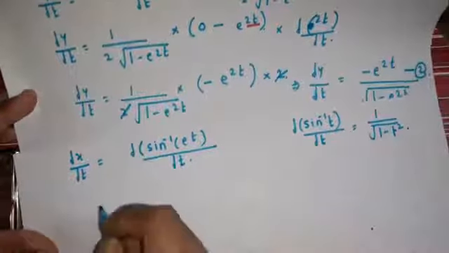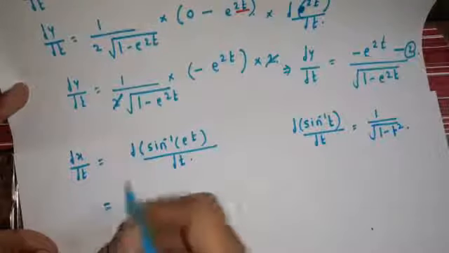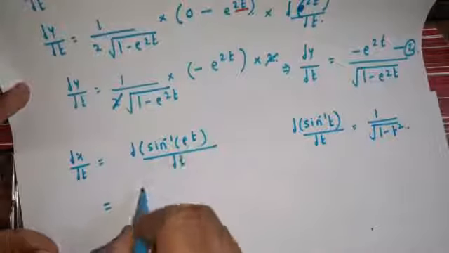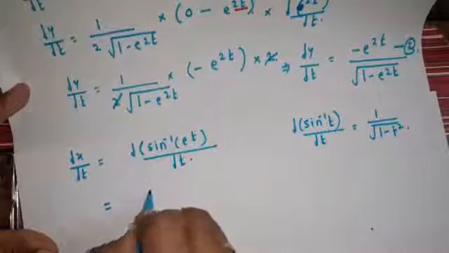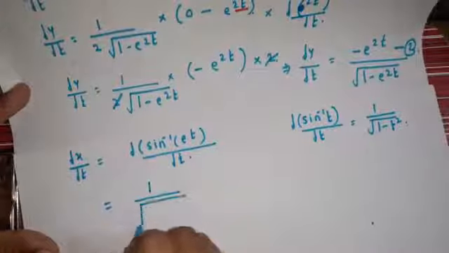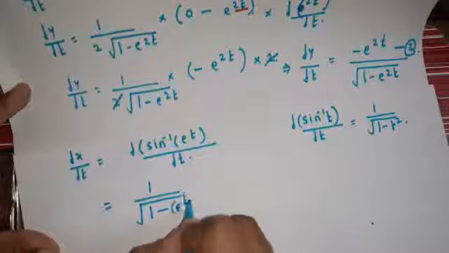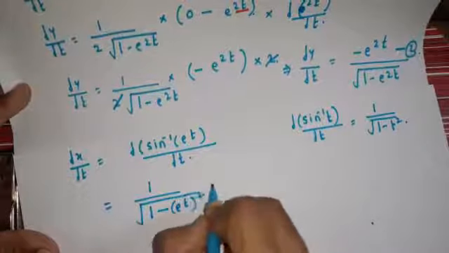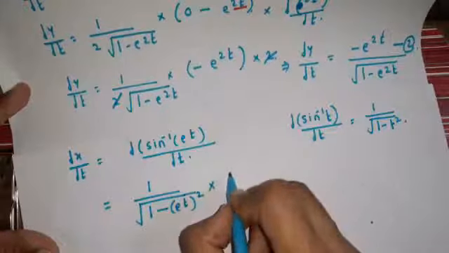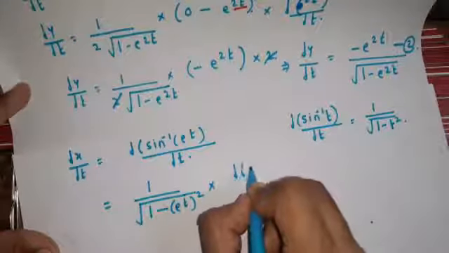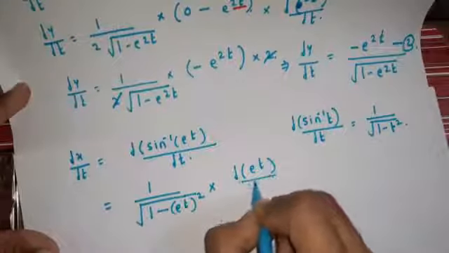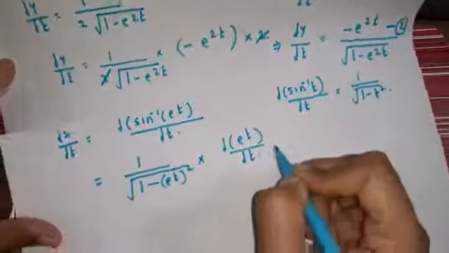Therefore, the differentiation of sine inverse of e raised to t is 1 upon square root of 1 minus e raised to t whole square, into e raised to t, which is again a differentiable function, into differentiation of e raised to t with respect to t.